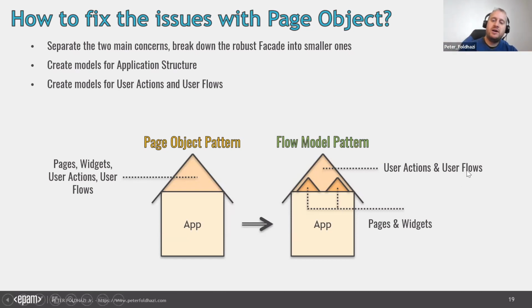So how it looks is that you have the pages and the widgets, the page models, and the flow models are going to be above those pages. They are going to hide the details, not just for the user actions and user flows, but completely for the pages and widgets. The test cases are not going to be aware at all of where you are or what item you're going to be interacting with. Of course, everything is behind the scenes.